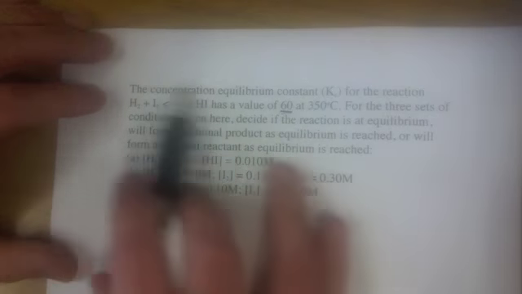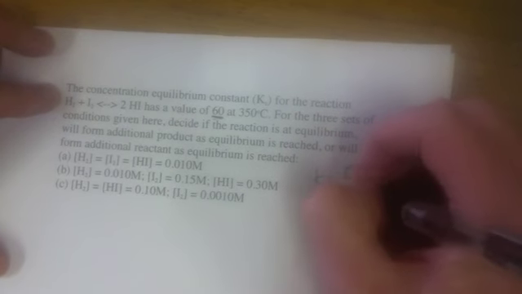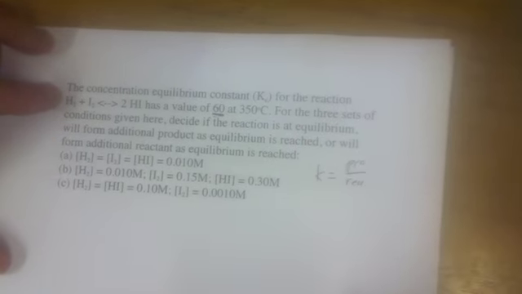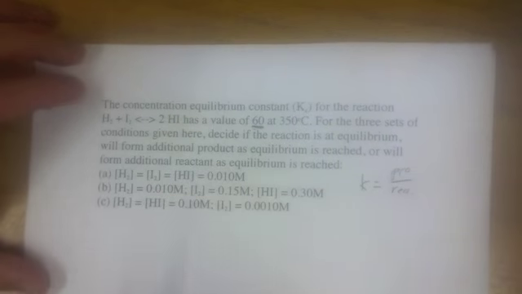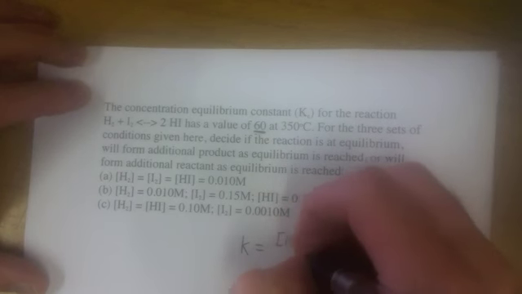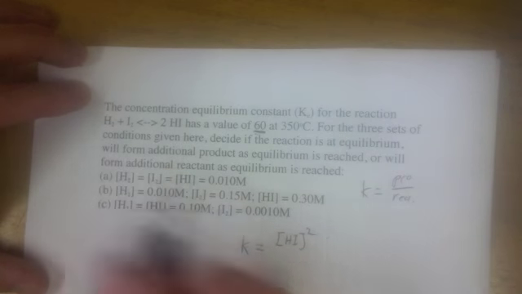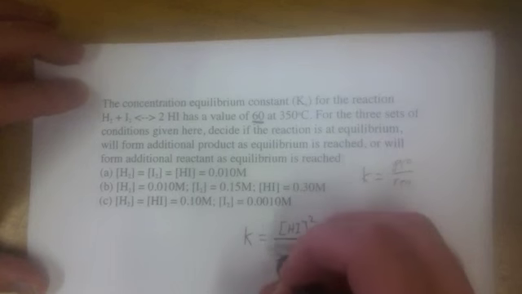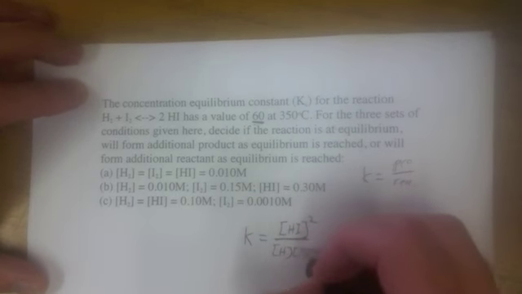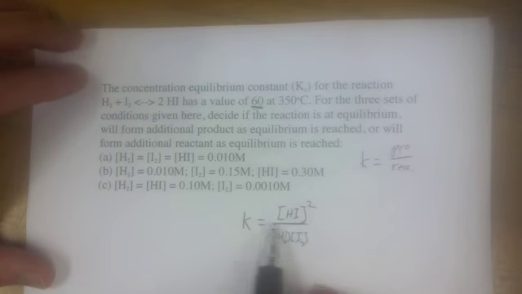So the first thing we need to do is write our equilibrium constant for our equation. You know that K equals products over reactants, the concentration of products over the concentration of reactants. In this case, K equals the concentration of hydrogen iodide to the power of 2, because the coefficient is 2, divided by the concentration of hydrogen times the concentration of iodine.